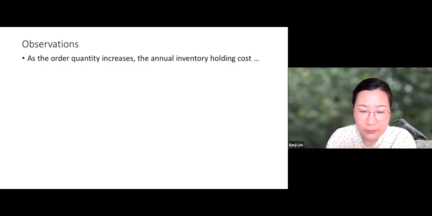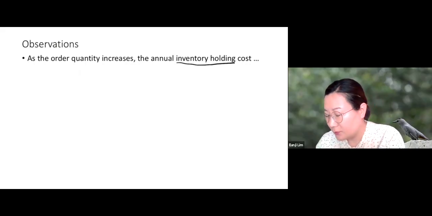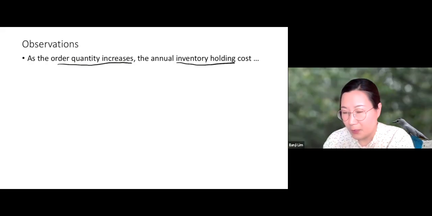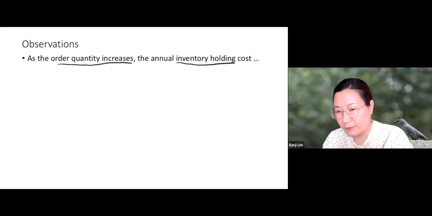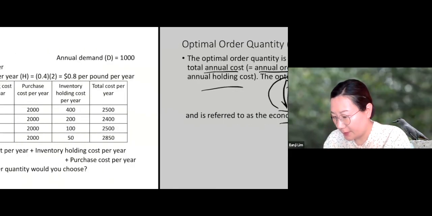Now, I want to make a few observations. I want to find the relationship between the order quantity and the annual inventory holding cost. As the order quantity increases, what happens to the annual inventory holding cost? Let's go back to the table.